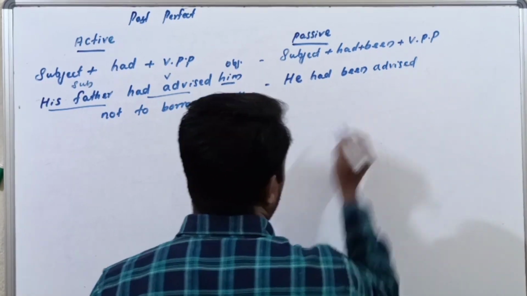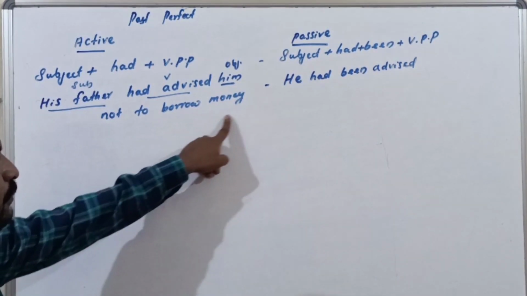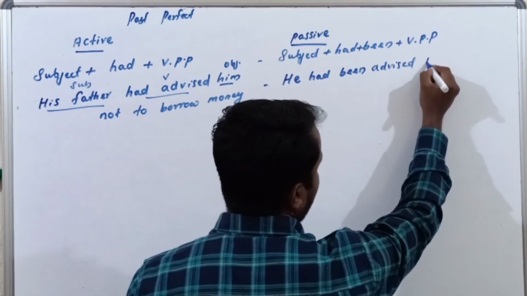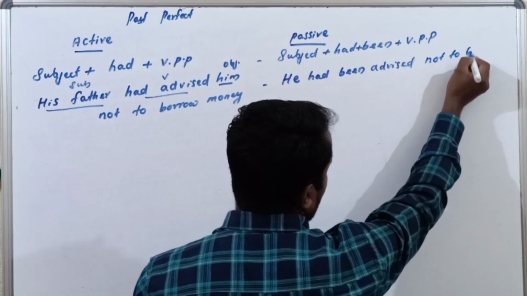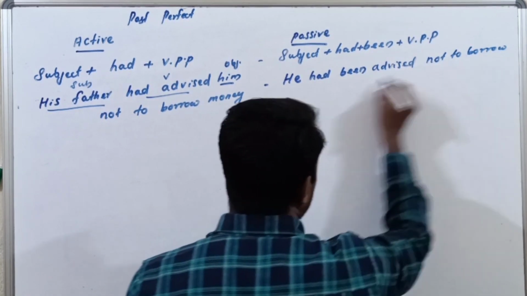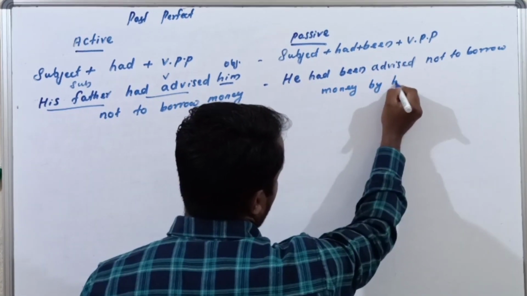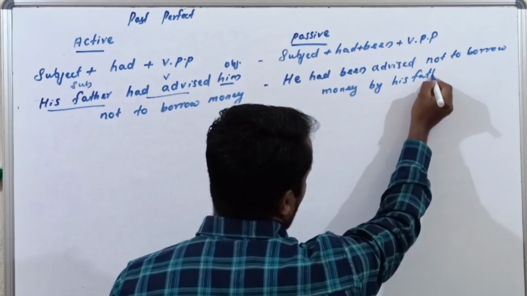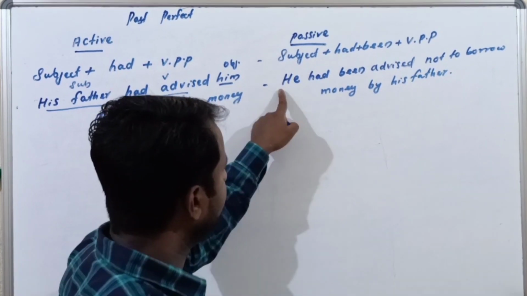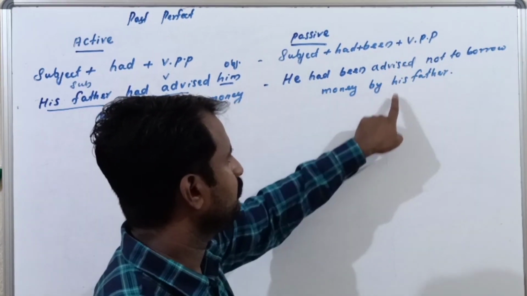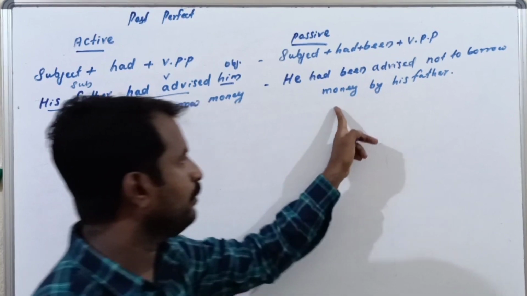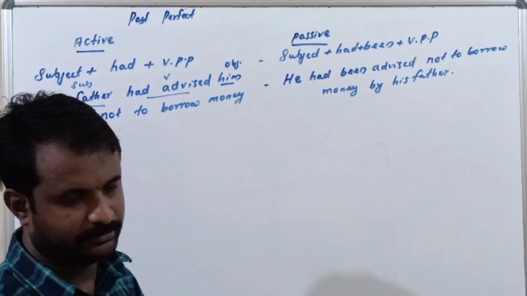He had been advised not to borrow money by his father. Also we can write he had been advised by his father not to borrow money. In that way also we can write it.